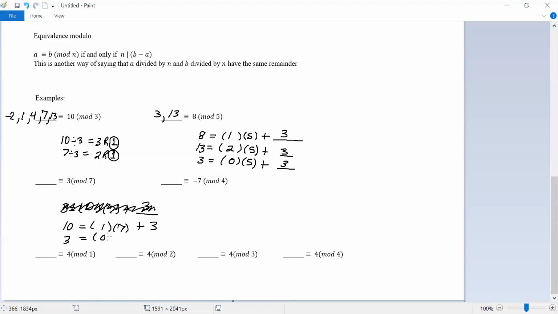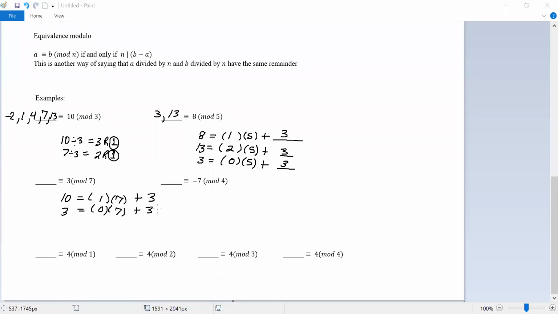And 3 equals 0 times 7 plus 3. Right, so we have here 10 and of course 3.